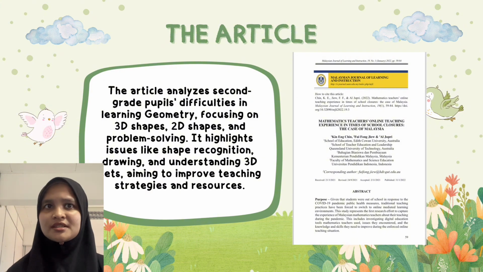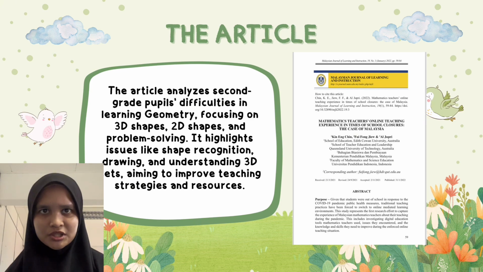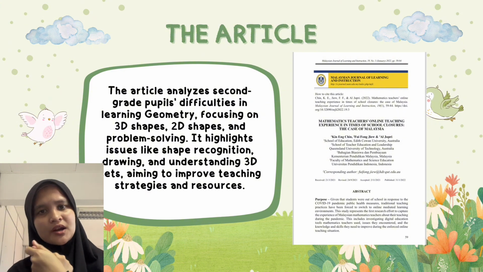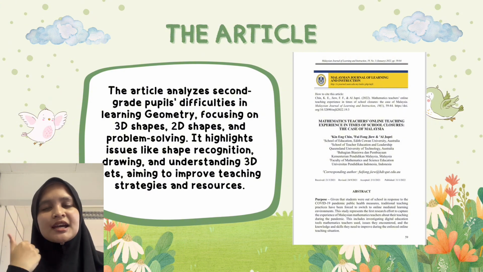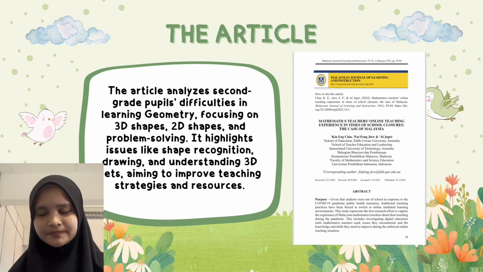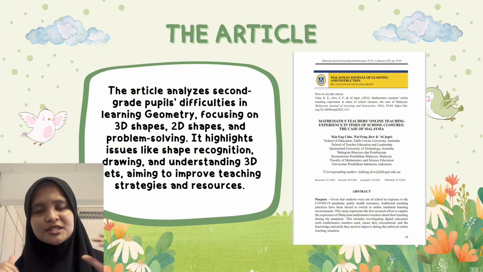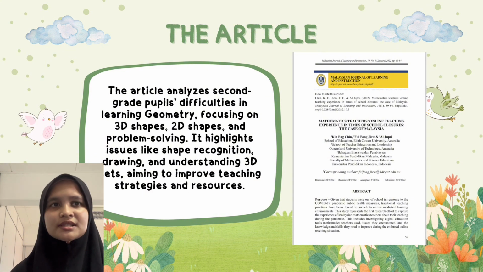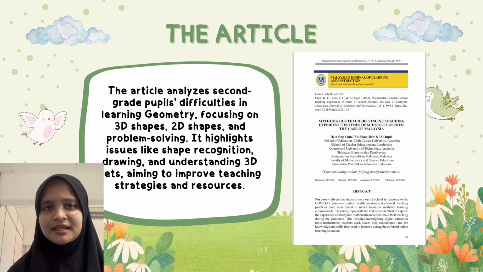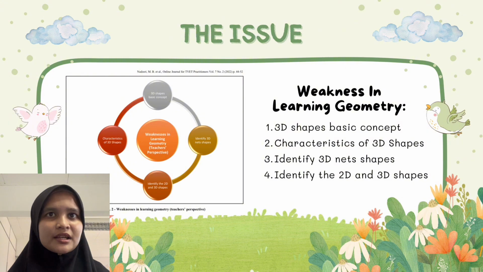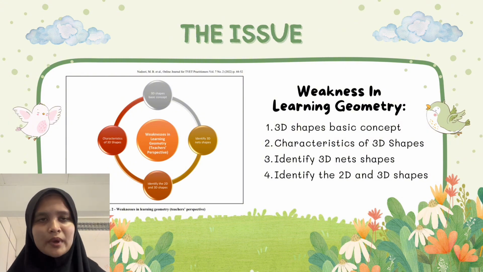This study used questionnaires and interviews with experienced teachers to identify common misconceptions and difficulties, including remembering shape names, understanding characteristics, drawing shapes, and identifying nets of 3D shapes. The findings aim to help teachers improve teaching strategies and provide better resources to enhance pupils' understanding of geometry.